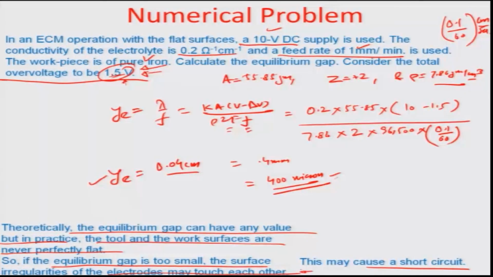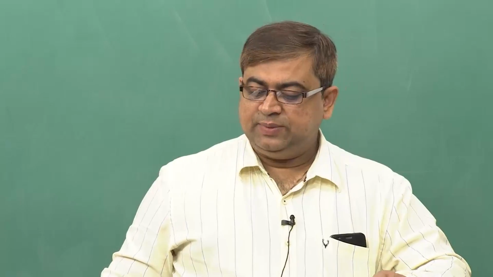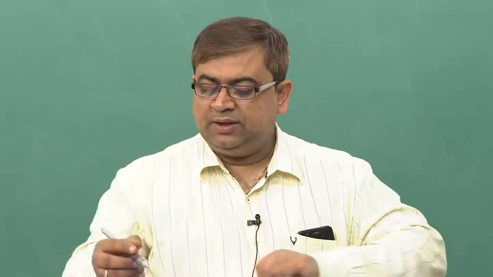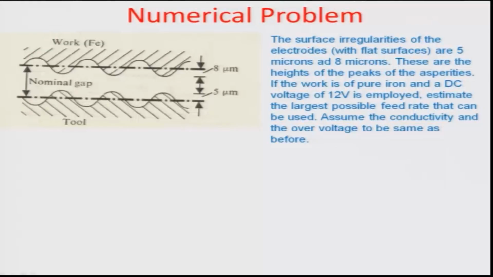Let us look at another problem example which talks about the minimum possible equilibrium gap that needs to be maintained given a certain surface roughness value. Let us say in this particular case the surface irregularities of the electrodes with the flat surfaces are 5 micron and 8 micron. You can see the irregularities plotted here. This is obviously a very evenly realized surface.